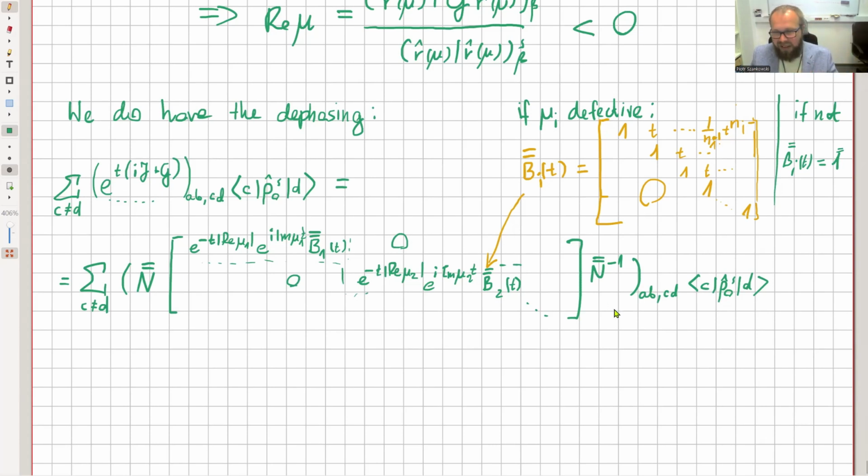But the conclusion stands that this has no choice but to go to zero as time goes to infinity because of those strictly negative attenuation factors.